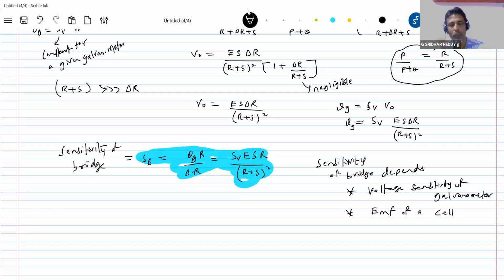If you are using it for application, will you go for lower EMF or higher EMF? Let it be 50 volt, 60 volt, good. Sensitivity will increase. Then the values of S and R. Of course, S and R are there in the denominator also. So these things matter a lot. You do get questions like this. Whenever we are using a Wheatstone network, it is preferred to use a cell of higher EMF. This is the reason.